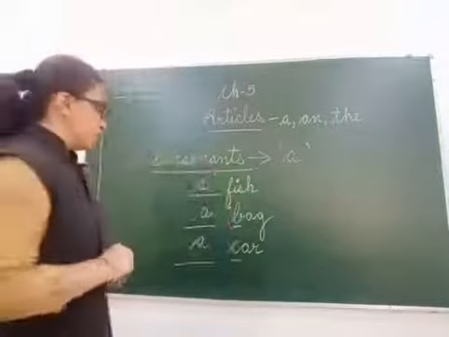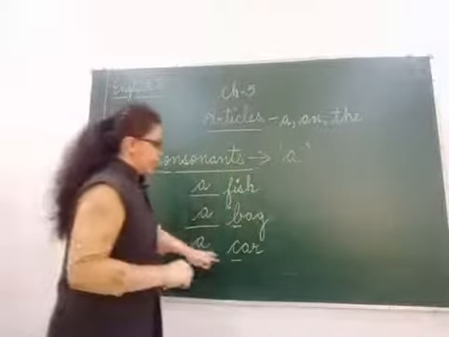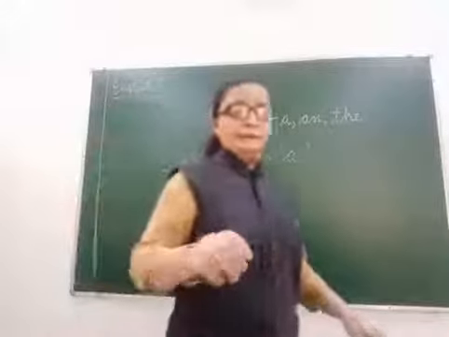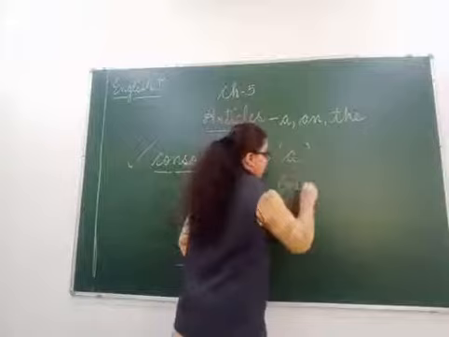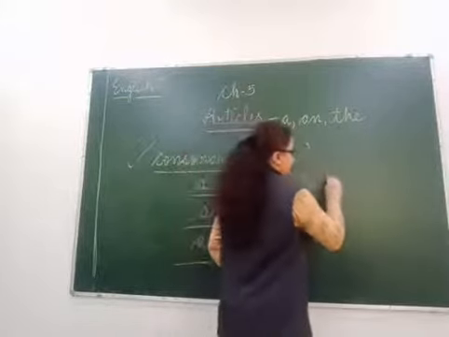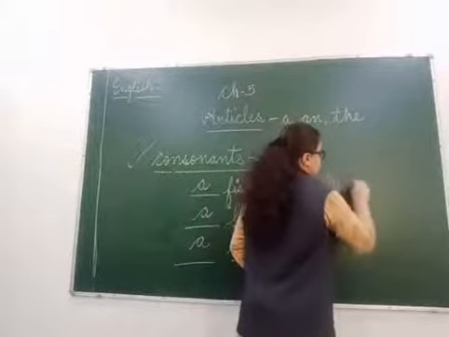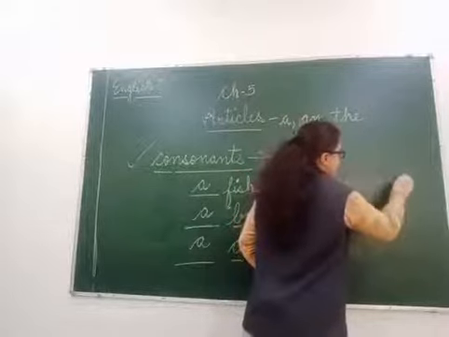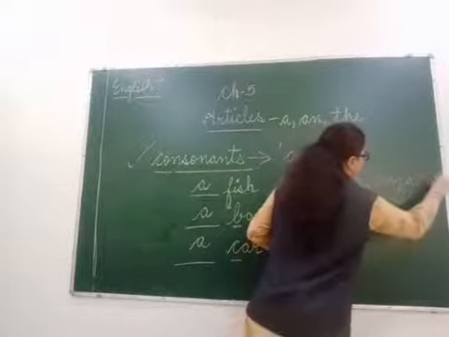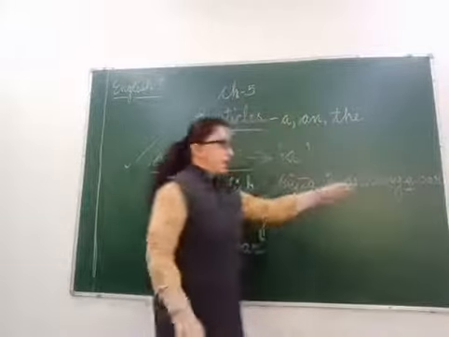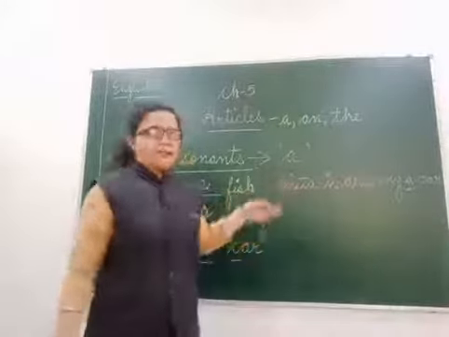One more important thing, children, like I am writing here. Suppose I am writing Anita is driving a car. What I have written? Anita is driving a car. I have used a before car.